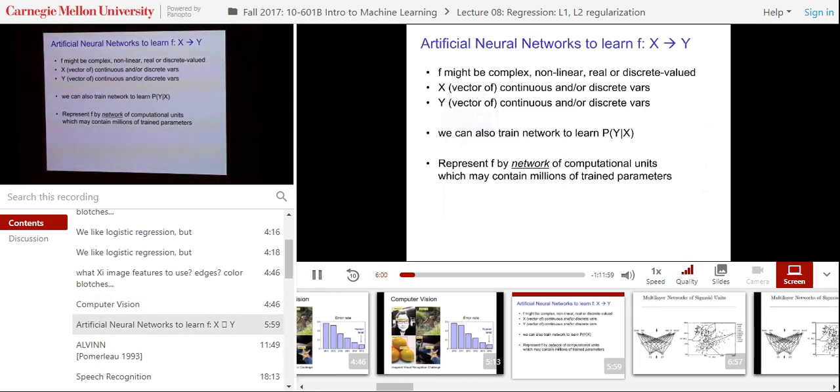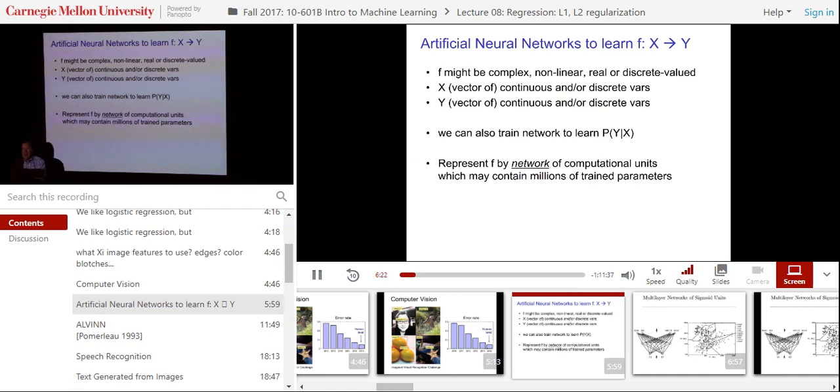So in general, here's a way to characterize them. They're another function approximation algorithm, just like the ones we've talked about: decision trees, naive Bayes, logistic regression. We're trying to learn a function from some input x to an output y. X and y might both be continuous or discrete, or a vector of continuous and discrete variables.